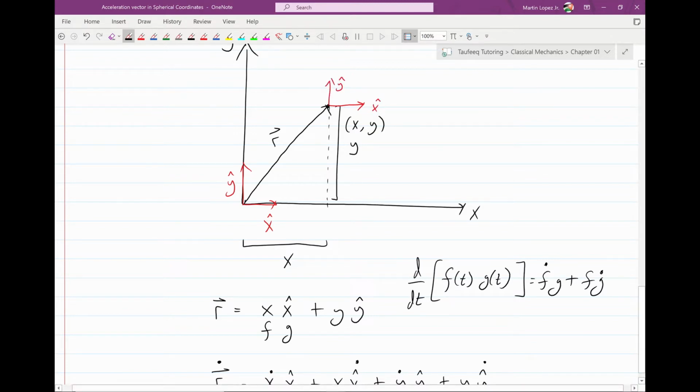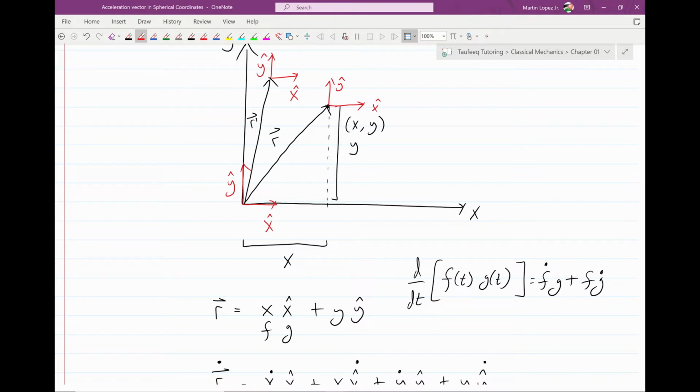If you use another vector here, r prime, x hat will still be pointing this way, and y hat will be pointing up, right? But the x spaces that you went to the right and the y spaces you went up changed. So those do change with time, but x hat and y hat are fixed.